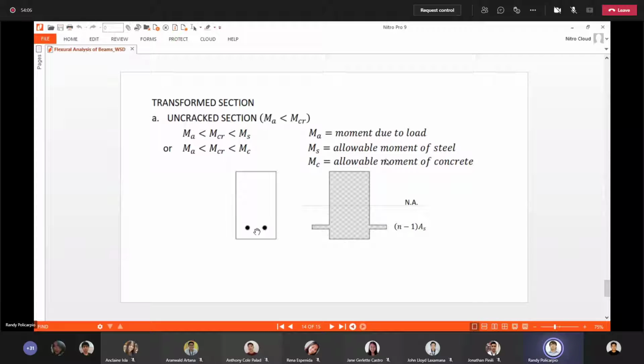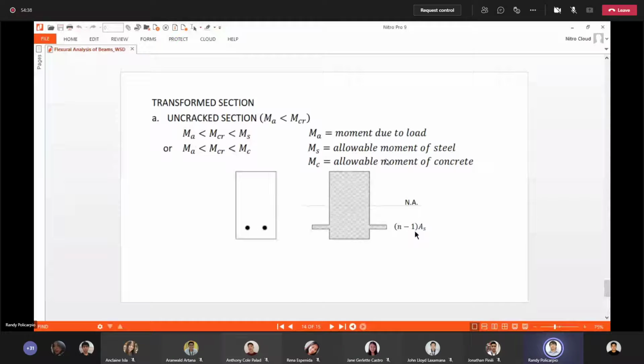Okay, so yung bakal natin, ita-transform natin siya into its equivalent concrete. So that's basically what this transform section is all about, no? So yung computation ng equivalent concrete area ng ating steel can be computed using this formula.